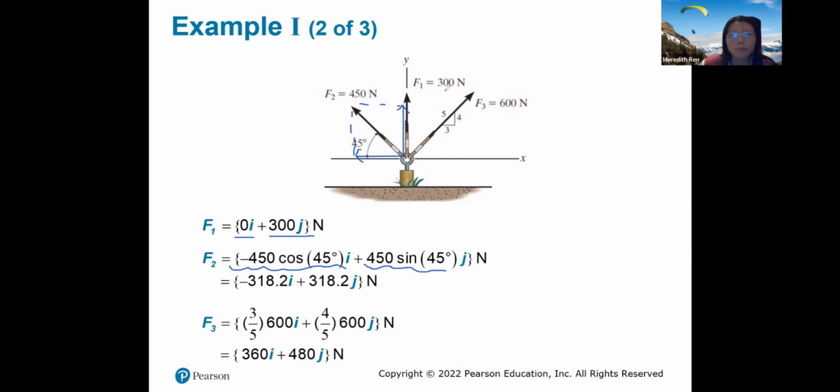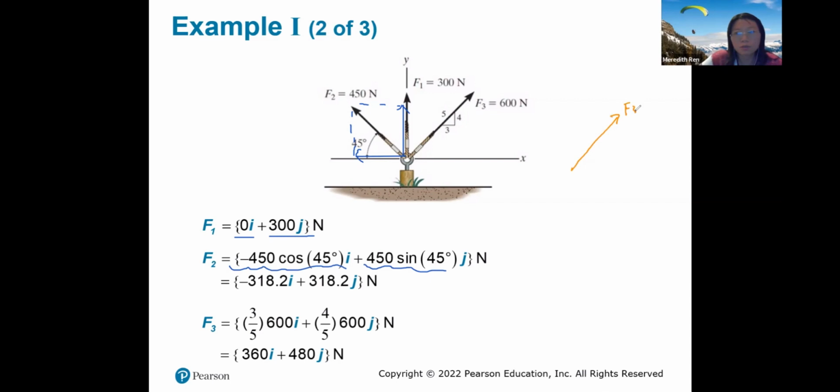And then next one is my F3, okay? If you get confused about what this 3, 4, 5 is doing, this 3, 4, 5 triangle tells me how slanted this F3 vector is. It tells me how slanted this angle is. What it means is that when I break my 600 Newton force, let me put a diagram on the side.